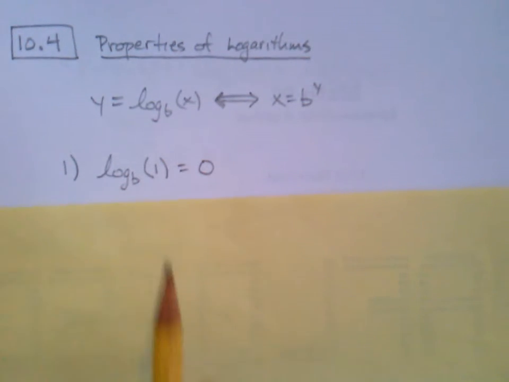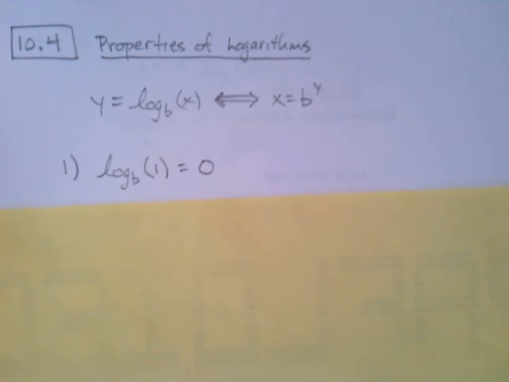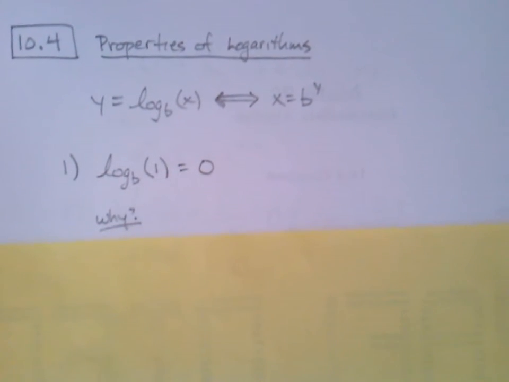The log of 1 with any base is always equal to 0. If you're ever taking the log of 1, it does not matter what your base is, you always get 0. Why is that? Well, there's a similar rule of exponents. Anytime you raise something to the 0 power, you get 1.